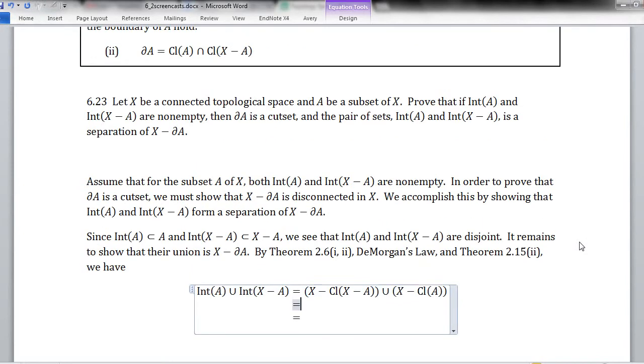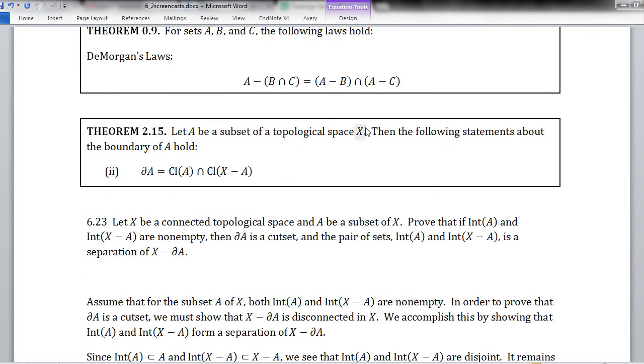Well, De Morgan's law is up next. That's a typo right there. I have the union of two complements, and that's going to be the complement of the intersection. Okay.